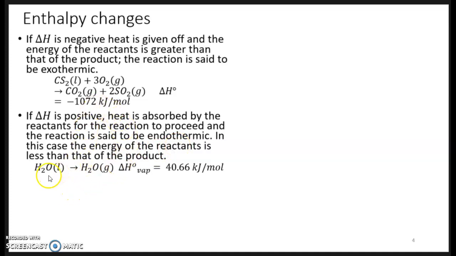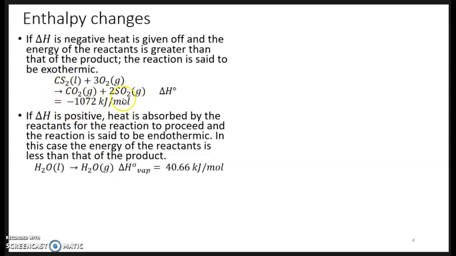An example of an endothermic reaction is water vaporizing, liquid water going to the gaseous state. So you add energy to the system. An example of an exothermic reaction is calcium sulfide burning in oxygen, and it gives us energy.